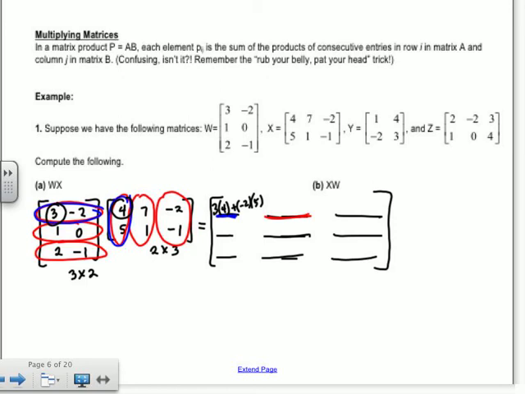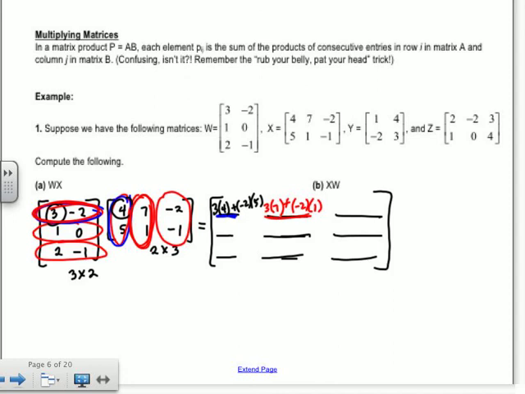That is in the first row and second column, so I'm going to use the first row and second column to find it. Okay, so take your fingers. You're in the first row and the second column. So 3 times 7, and then move. So -2 and 1. So 3 times 7 plus -2 times 1.